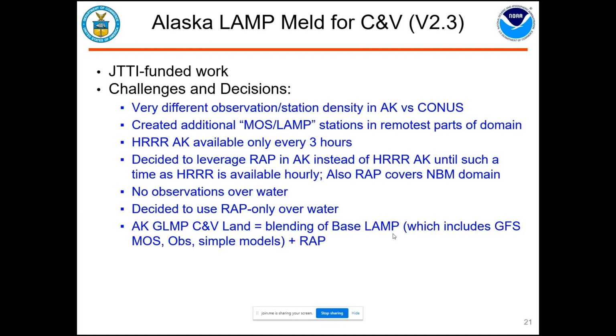Base lamp is a combination of NAM-MOS and observations. The MELD is a combination of our base lamp and the wrap MOS. So we are leveraging, convection and lightning is leveraging the wrap in Alaska. And so we produce 1 hour convection and lightning probabilities and potentials.